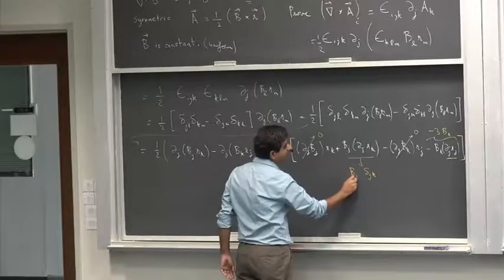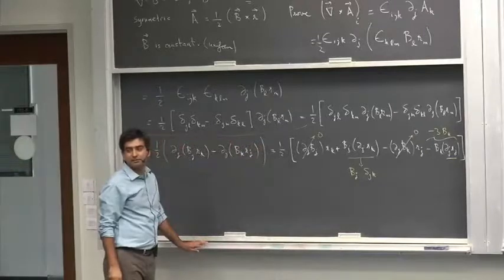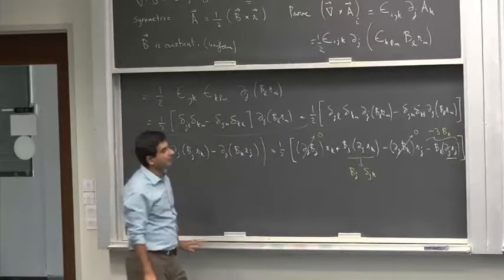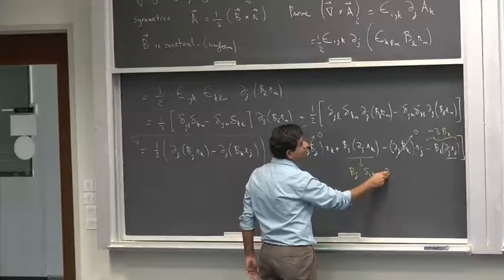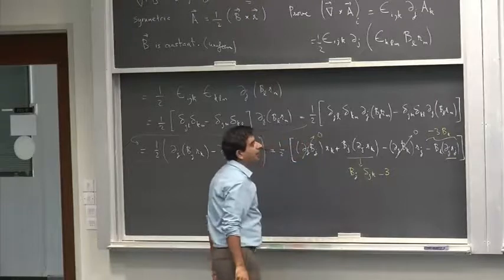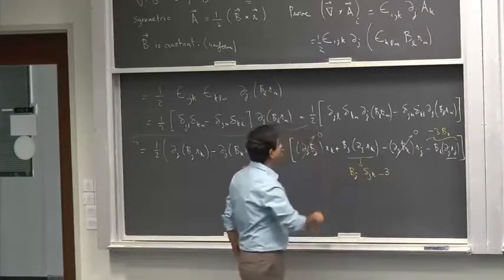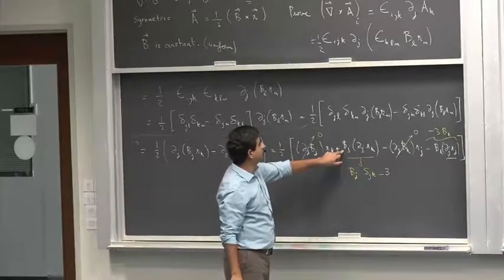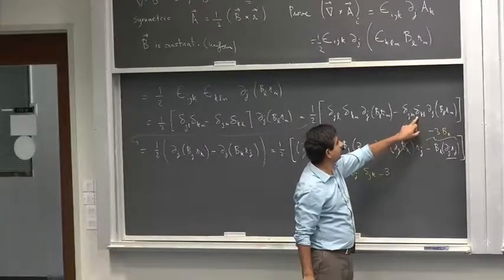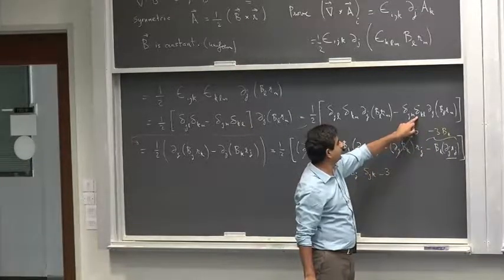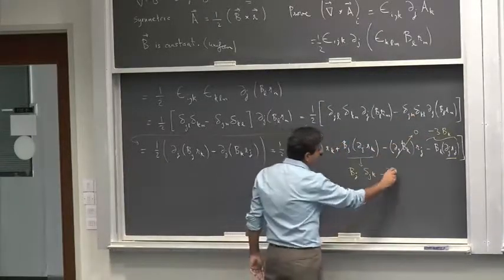So I have b_j delta jk, correct, minus 3 times, and of course here I also have this delta jk. Here I have delta kj. Okay, so I have minus 3 b_k here.